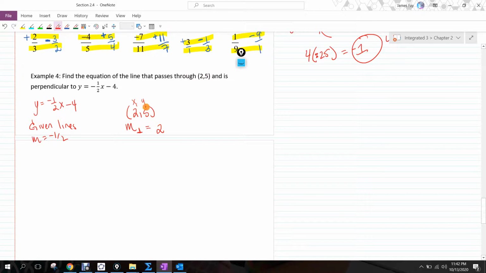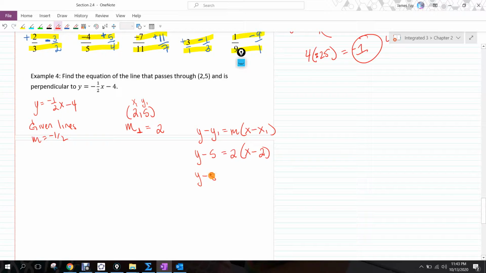So here's x1 and y1, and here's m to fulfill the variable parts of that formula. I'm going to plug in y1 as, in this case, 5, so y minus 5. Slope is 2, x minus x1, which is 2.